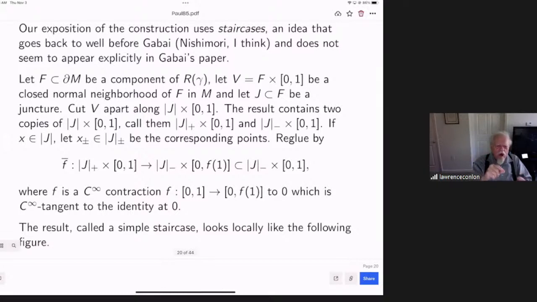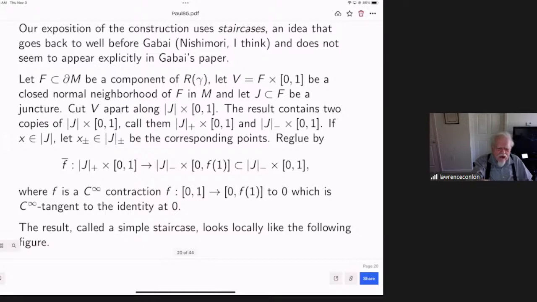And if x is a point of J, you get two corresponding points, x plus and x minus, in the two copies of the support of J. Now you reglue by a diffeomorphism f bar, taking J plus cross the interval [0,1] to J minus cross [0, f(1)], where f is a contraction, taking [0,1] to [0, f(1)].